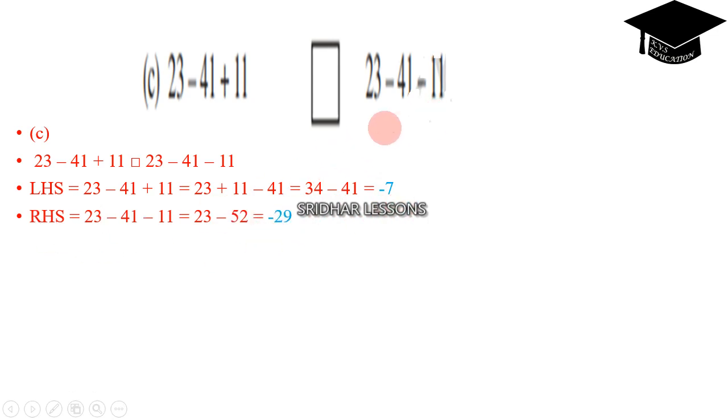And RHS is equal to 23 minus 11 minus 41, this is equal to 23 minus 52, it is equal to minus 29. So here minus 7 is greater than minus 29. Therefore, we have to put the symbol greater than here.